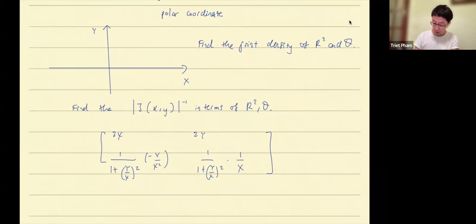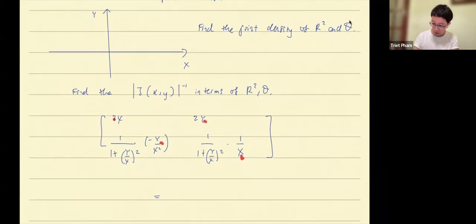If you take the determinant of this, you will get what? I guess here the x cancels. You got minus y squared over x squared, you got x squared over x squared plus y squared, minus, you got minus y squared over x squared here, which if you multiply across here, so that's plus y squared. Well, hold on.